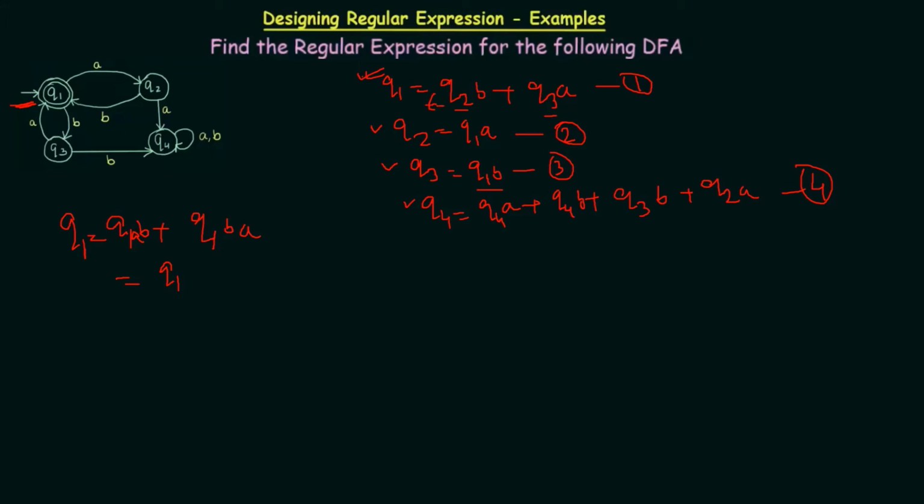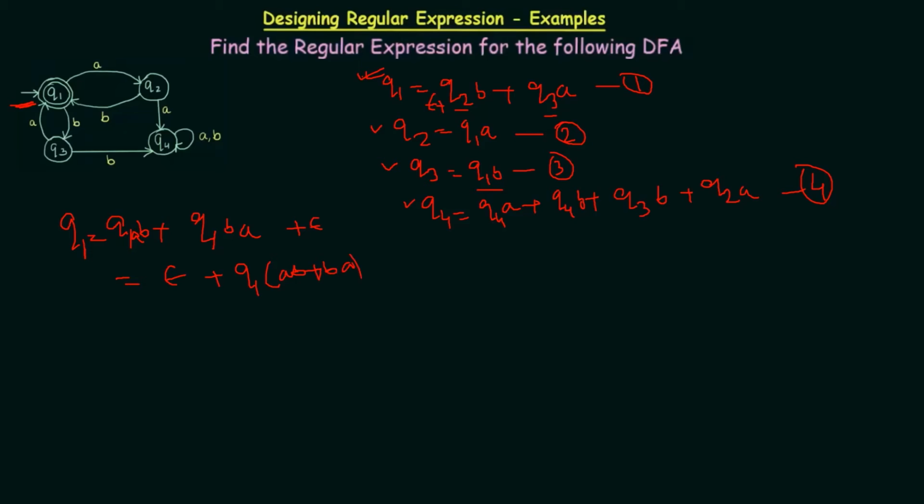Before writing this, let me correct it first. There is an epsilon, then there is q1 into ab plus ba.